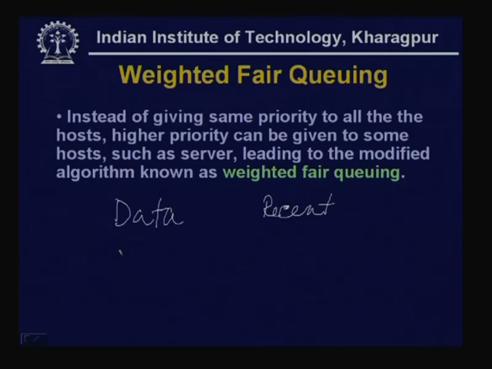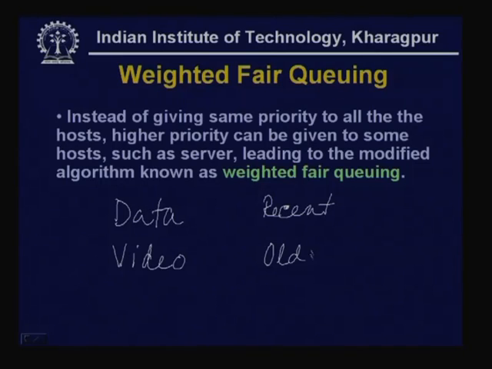On the other hand, if it is, say, video or voice, in such a case it may be necessary to discard an old packet rather than a recent packet. The reason is, the old packet is no longer important. It may have already caused some damage, some kind of jitter in the system, but a recent packet should not be discarded.